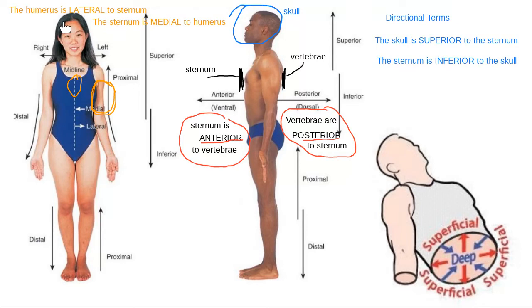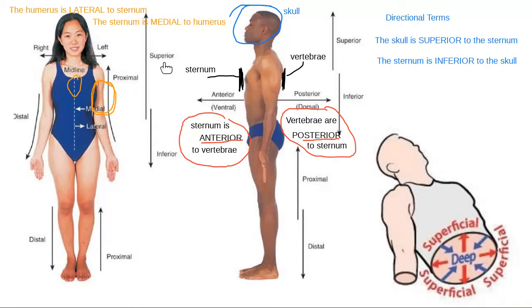Say the worksheet asked me about the humerus compared to the sternum. Well, then next to it, I would love for you to write the sternum compared to the humerus so that you practice filling in that word. We want to make sure that we're learning these words as opposites of each other, because that's going to be the best way for you to answer these kinds of questions on the homework assignment and when you're taking the lab exam.